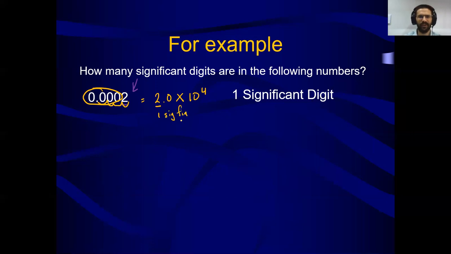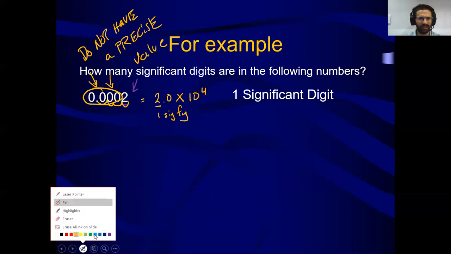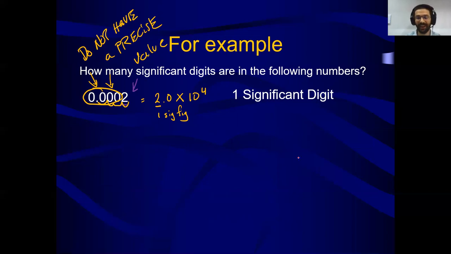So our answer is 1 sig fig. There's only one. These zeros do not have a precise value, therefore they're not important. They're not significant. That was a tricky one, guys.